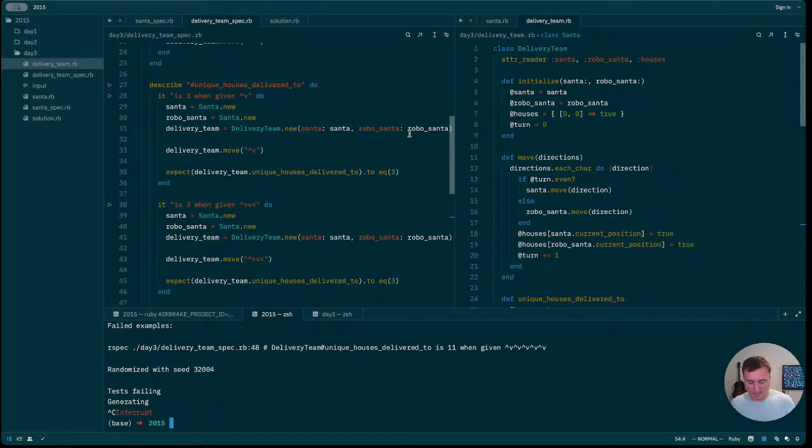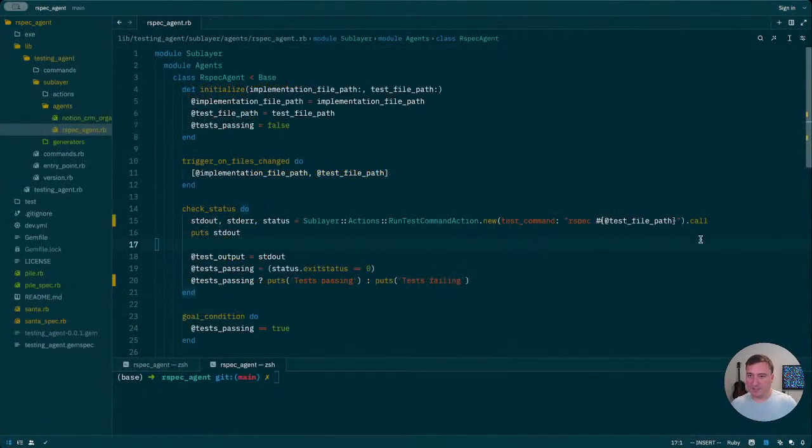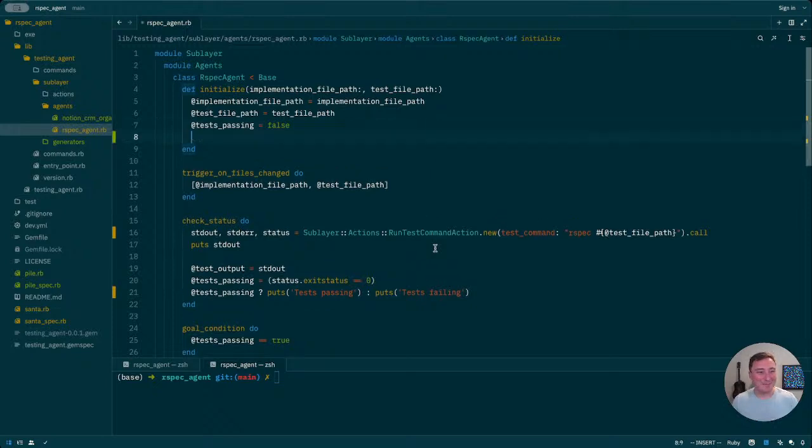Well, I guess maybe it makes sense to switch over to the agent, and let's get it to stop at 3 attempts.